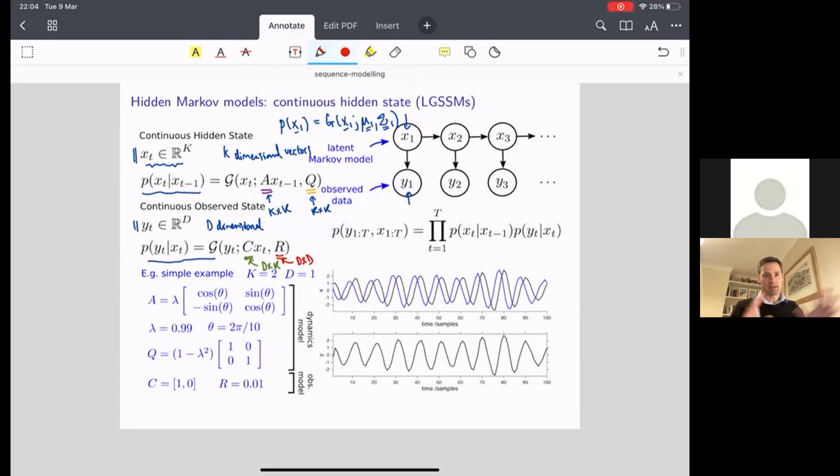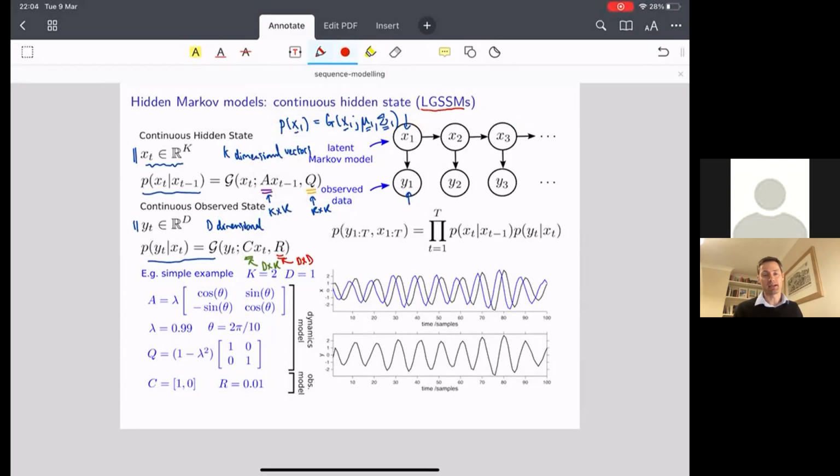Notice how all the distributions are of Gaussian form, and all the relationships between those variables are a linear transformation of another variable plus some noise. So everything here is linear and Gaussian, hence the name linear Gaussian. And state space model applies to the hidden state of the x's here.